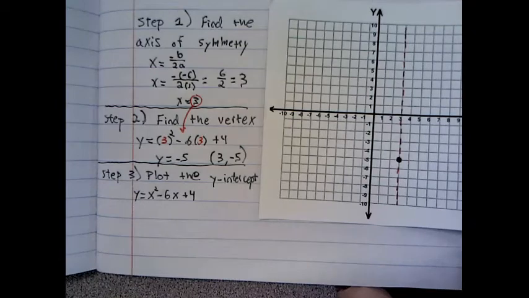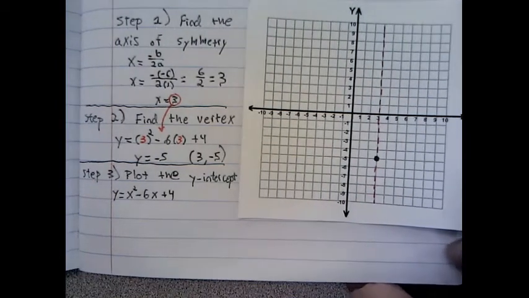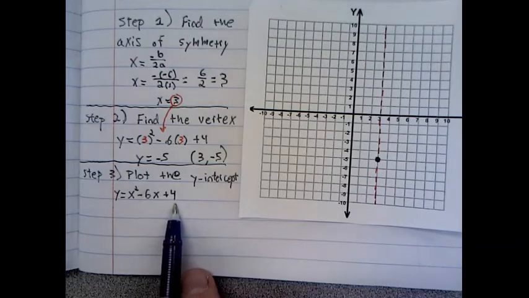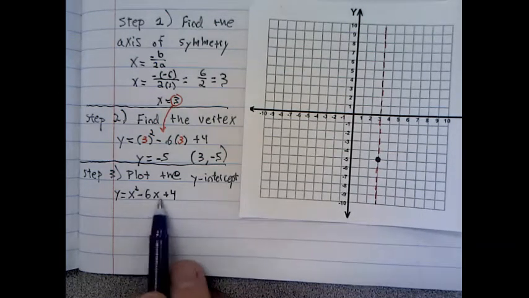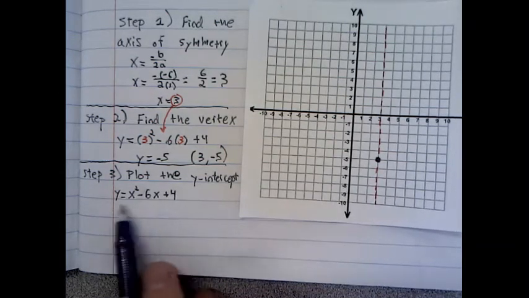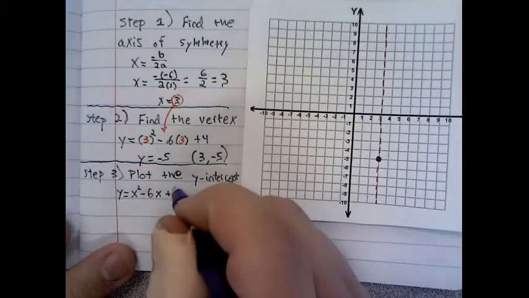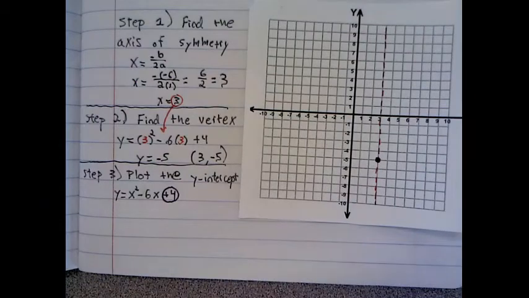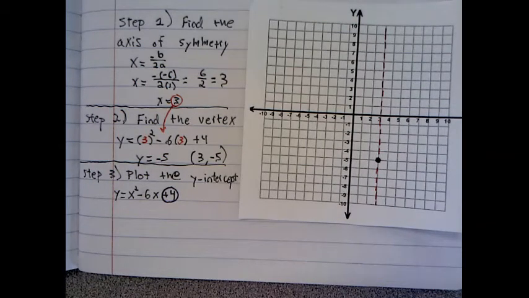Third step is to find the y-intercept, which is really easy because it's always going to be the value of c. Because when x is 0, these two values cancel each other out. So the y-intercept is this number right here, which is just like slope-intercept form, y equals mx plus b. It's always that number that's by itself.